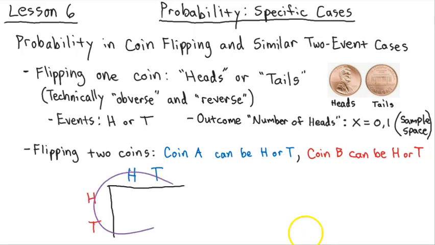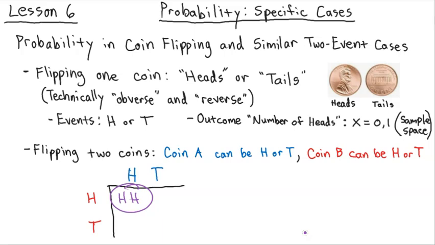So if we create this chart here and we put the results of coin A on the top, okay, we have possibility heads or tails, and then we put the events of coin B on the side, heads or tails, we can now cross them over, okay? So here we can put the heads of coin A along with the heads of coin B, and our outcome winds up being two heads.